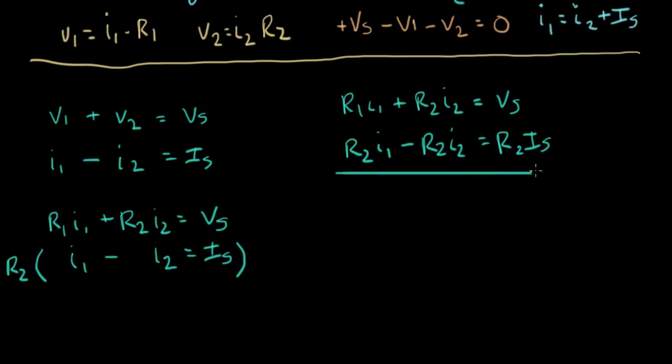We're going to add these equations together, and we can see these terms nicely cancel out. And so I'm going to end up with R1 plus R2 times I1 equals Vs plus R2Is.